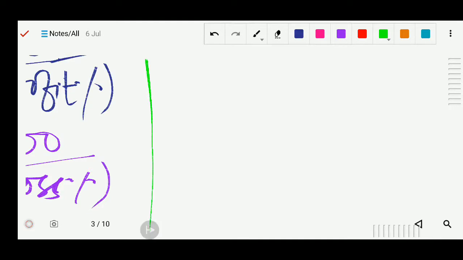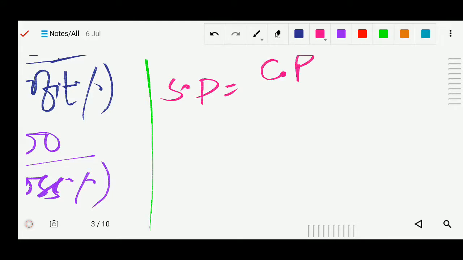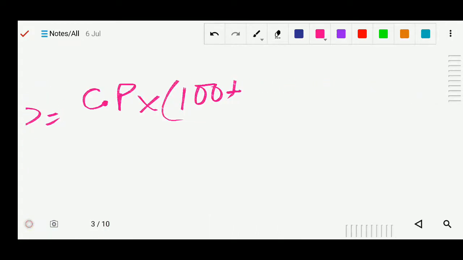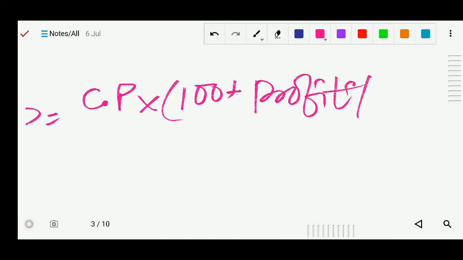Now for the selling price also. So selling price equals, you can write, cost price multiplied by 100 plus profit percent, and divided by 100.